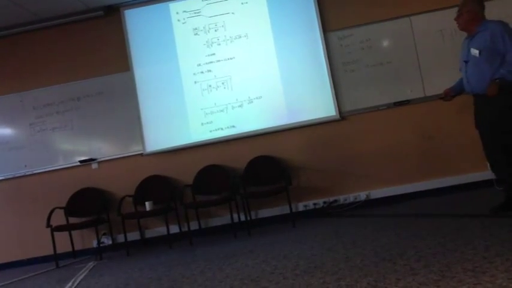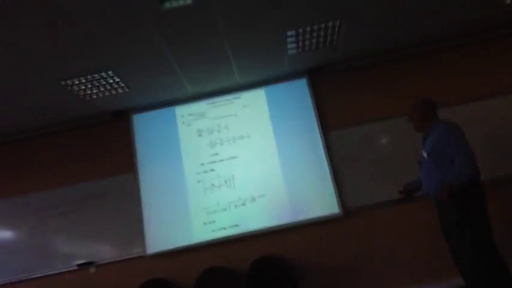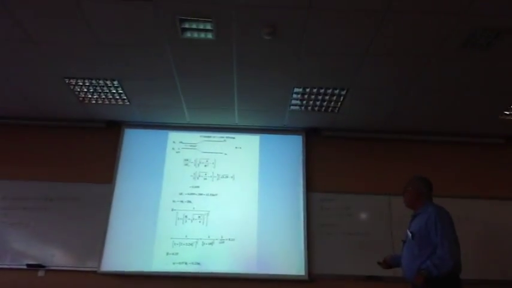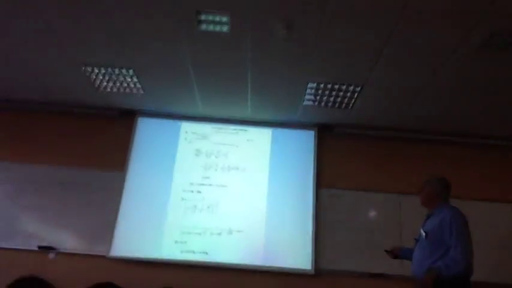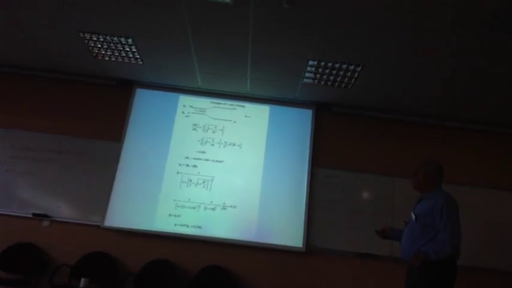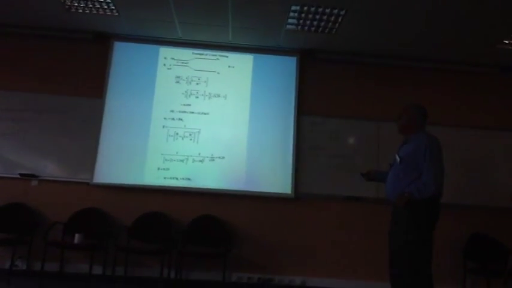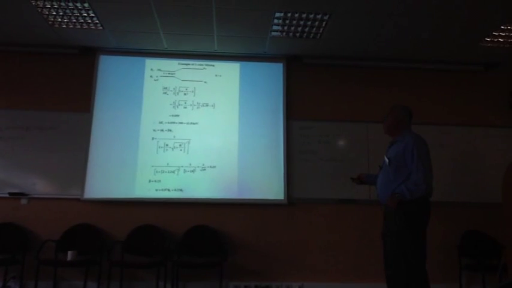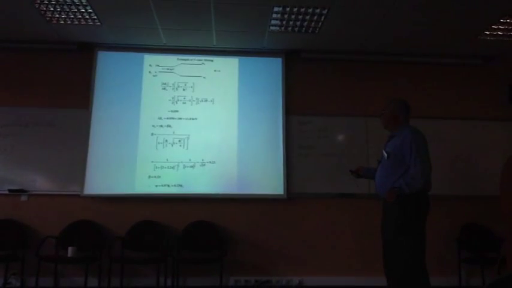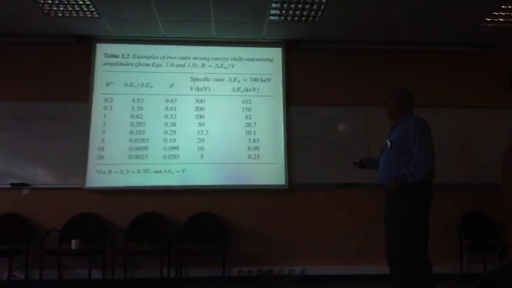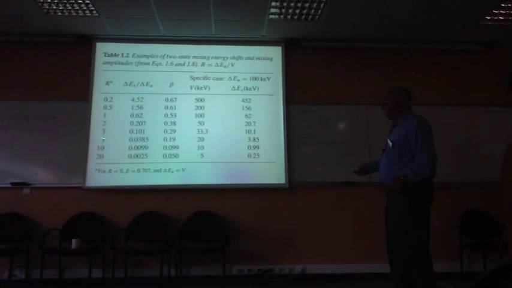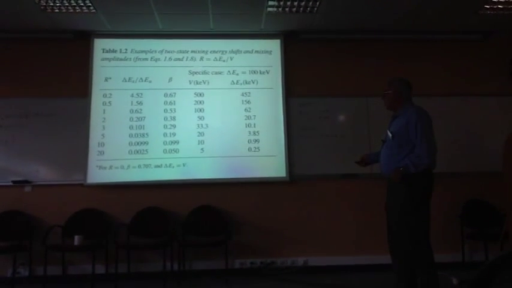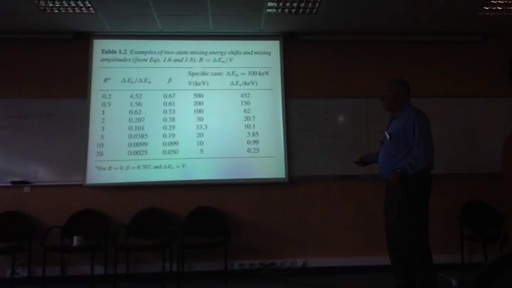Here is a concrete example, which I don't think I'll go through, but it'll be in the slides. I take a case of two levels which are 200 kilovolts apart with a 50 kilovolt matrix element. So that's an R of 4, and that's in between 3 and 5, so you can already guess. You can actually look at this and guess what beta is going to be.